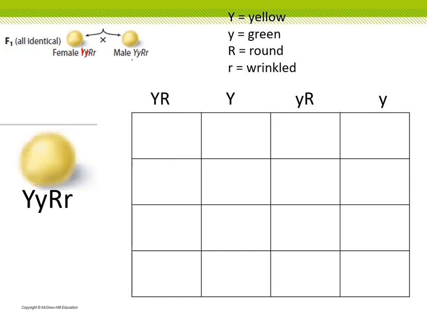And then I take my lowercase r and I put that in 2 separate spots as well. And because these are the exact same cell, I don't need to repeat the process with the other one. I can literally just use the same ones because I'm breeding the same thing. They're going to have the exact same combinations.